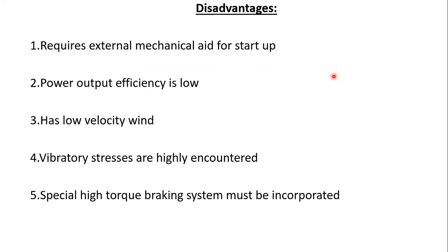The first one is that it requires external mechanical aid for startup. Although this Darrieus machine has directional symmetry for wind energy capture, it requires external mechanical aid for startup.